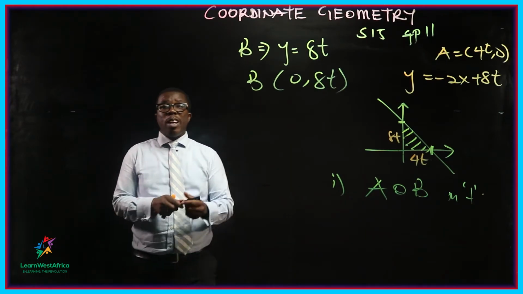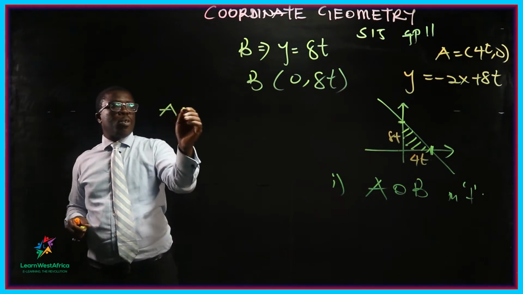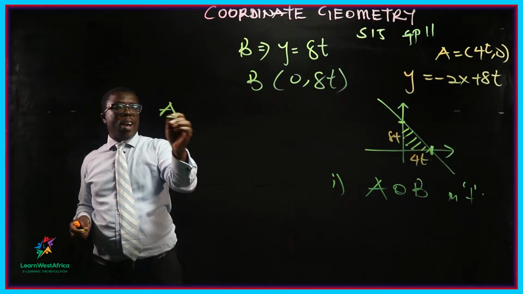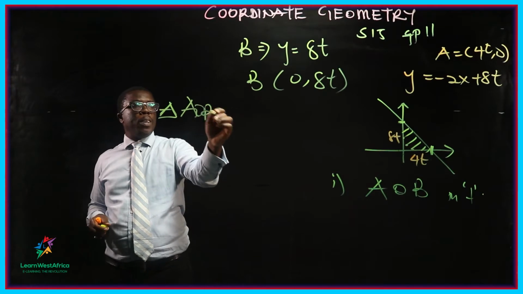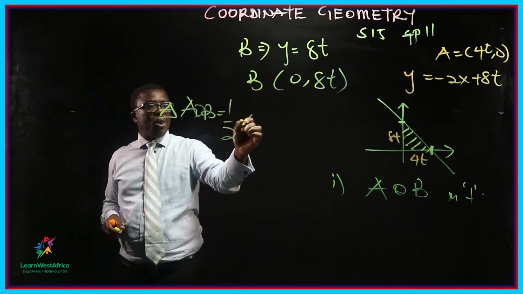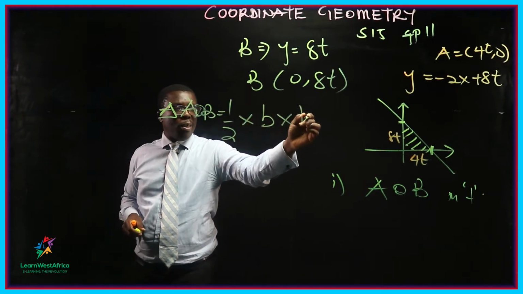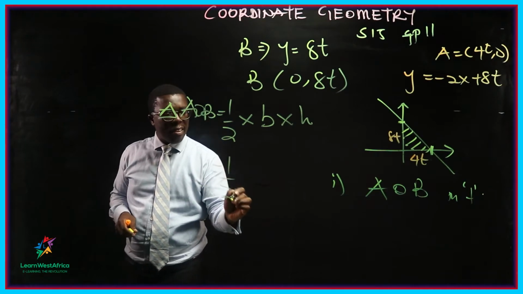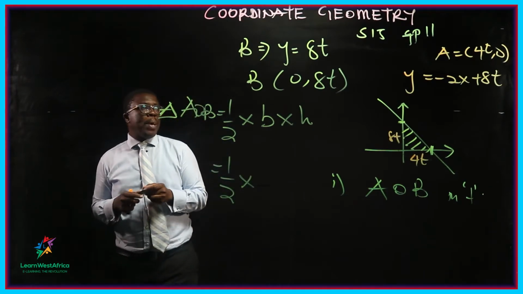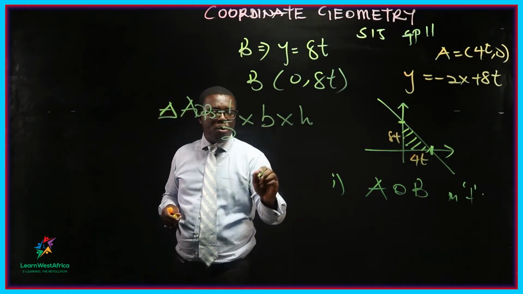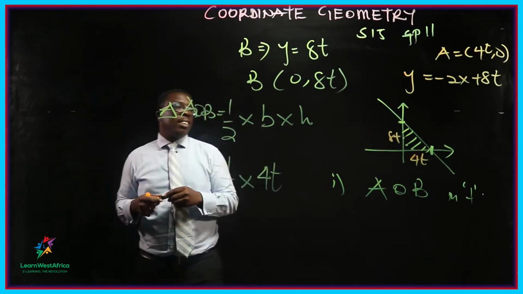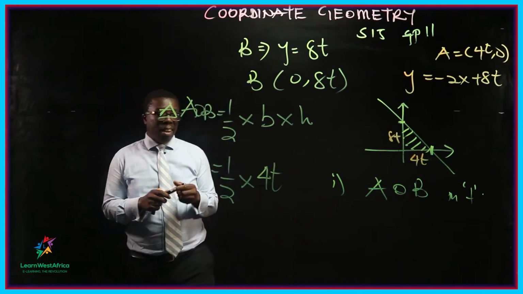So what is the area of triangle AOB? We are going to have half times our base times our height. What do we get? Half times our base. Our base is what? 4t. Then what is our height? 8t.